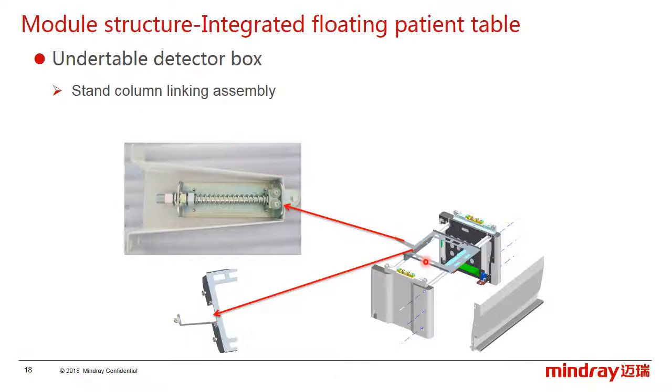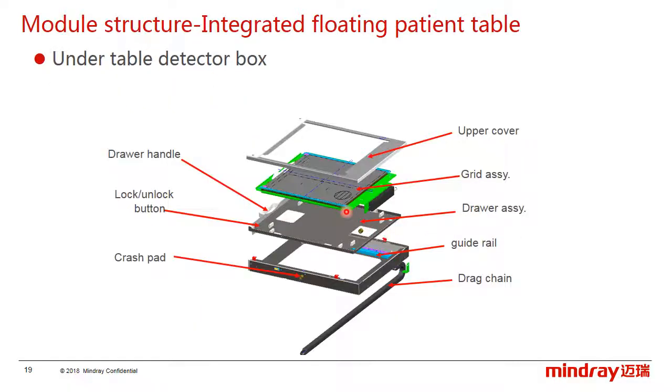The connecting assembly is installed in the rear of the detector box, like the picture. There is a small wheel in the front, which connects with the tube stand and moves. Under the tabletop, there is the detector box.